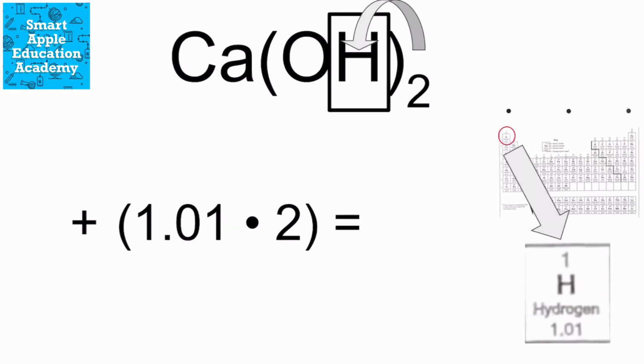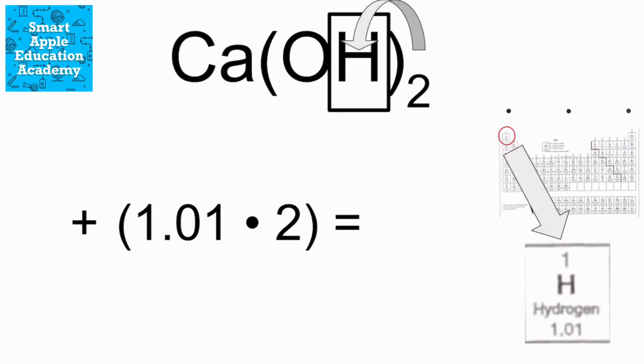Now let's move on to H, which is hydrogen. Okay, so we have hydrogen. Let's look for that on the periodic table. I've already found it. If you look on the right side of the screen, you'll see that the atomic number of hydrogen is 1 and its atomic mass is 1.01. So let's look at the subscript for hydrogen inside of the parentheses. The subscript for hydrogen inside of the parentheses is 1. But on the outside, there's a 2.